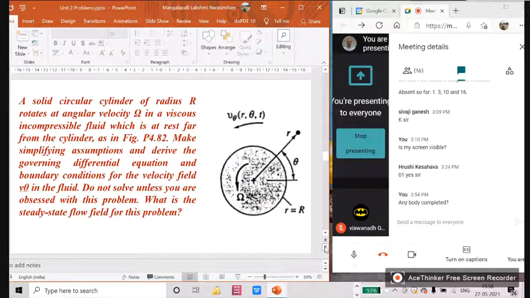Make simplifying assumptions and derive the governing differential equation and boundary conditions for velocity field v theta in the fluid. Do not solve unless you are obsessed with this problem. What is the steady state flow field for this problem?